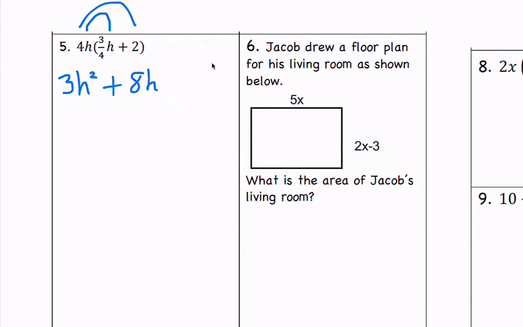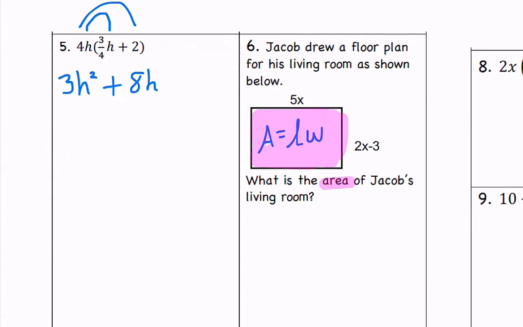Okay, on 6 it says Jacob drew a floor plan for his living room as shown below and wants to know what the area is. Area is the key word. Well, we know area equals length times width, and your area is the stuff on the inside. That's area.